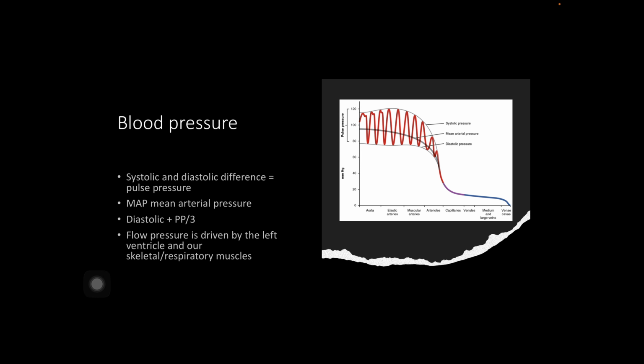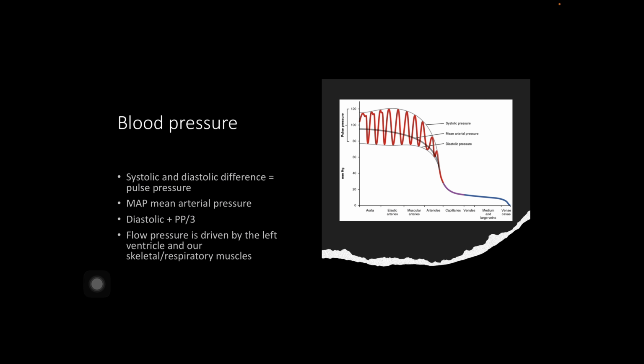Our arterial blood pressure is usually measured as a systolic and diastolic. When we take a blood pressure, it is measured by measuring the peak pressure during systole and then the peak pressure during diastole.